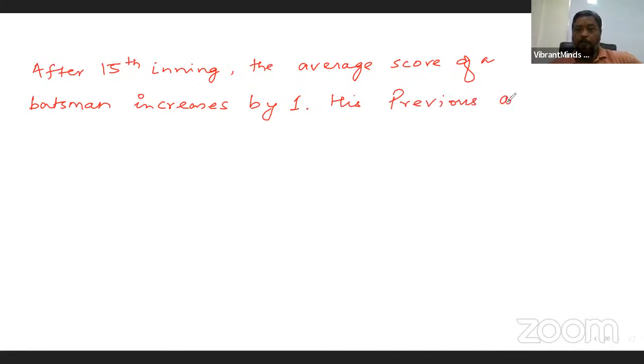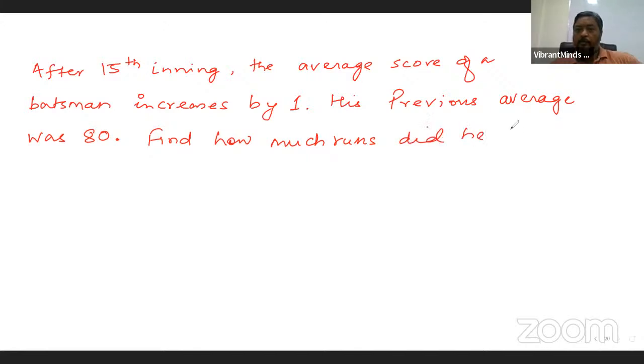His previous average was 80. Find how many runs he hit in his 15th match.